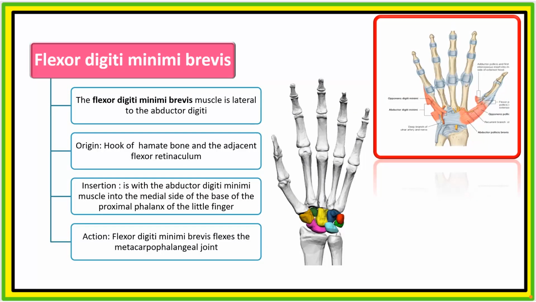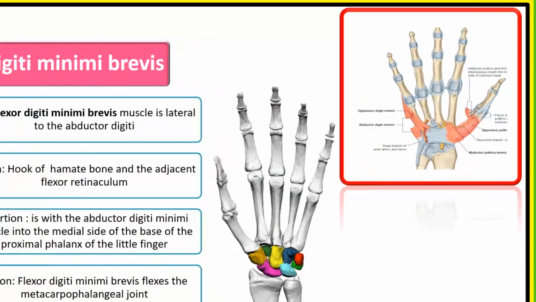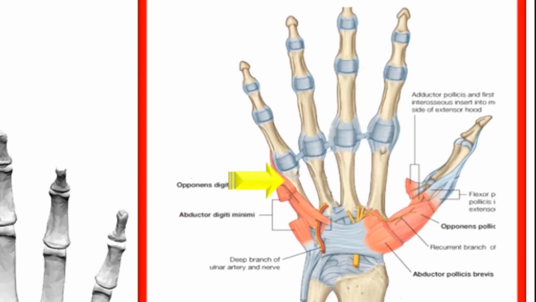The last muscle in the hypothenar group is the flexor digiti minimi brevis. The flexor digiti minimi brevis lies lateral to the abductor digiti minimi. Here is the flexor digiti minimi brevis.